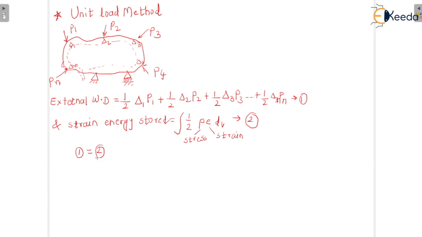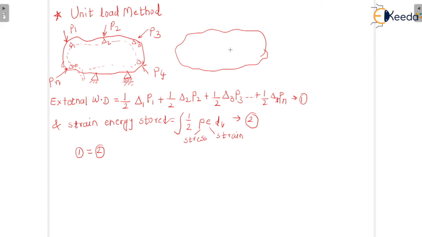It is subjected to a unit load applied gradually at C. Let us consider any point C where it is free of the system of forces P, whatever P number of forces we had given. I'm just drawing it; please assume it is the same body.